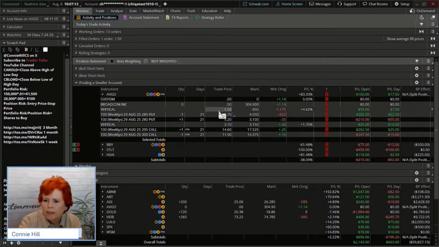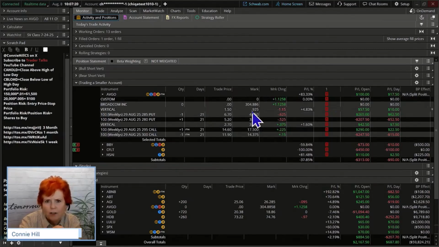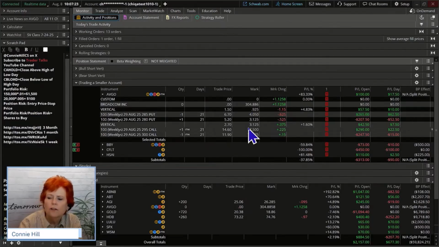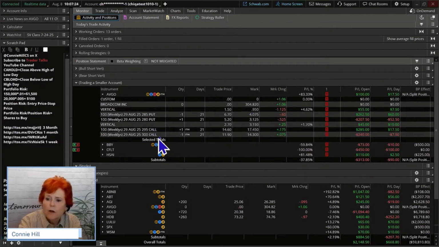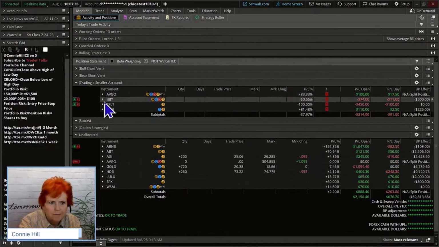The one put, we sold actually for a pretty decent profit of $1.50. It's down to 95 cents. That's the right direction. We love what we're seeing there. We want to see that value decay. On the long call vertical, we need the stock to actually move. We want it to get beyond 300. Looks like now that it's at 304. It was up a little higher than that today. So we're just going to let these guys work.